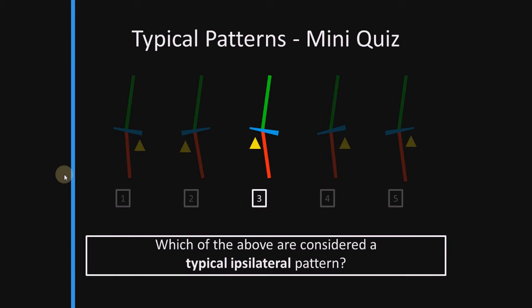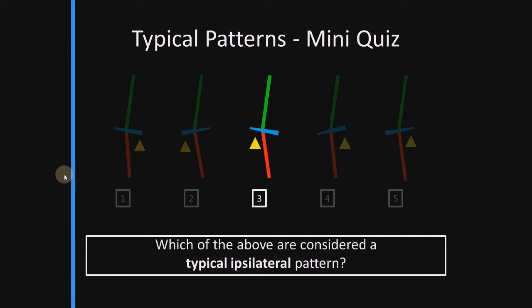If we were to look at each of these examples, example number 1 has the C2 spinous misaligning into the closed C1-C2 joint. Pattern number 2 has the atlas rotating anterior on the side of the ACD, which is atypical for an ipsilateral pattern. Example number 4 has the C2 spinous misaligning into the closed C1-C2 joint.